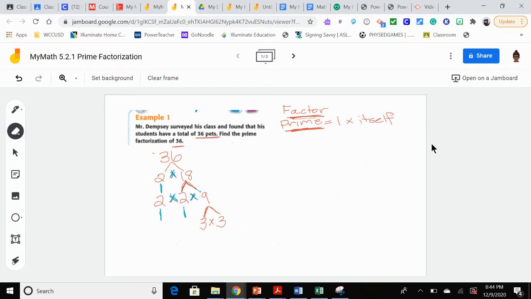Okay, so 2 is a prime. I want that red. Okay, 2 is a prime times 2 times 3 times 3.